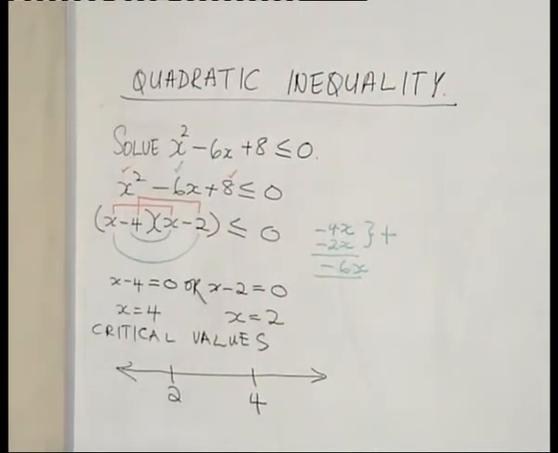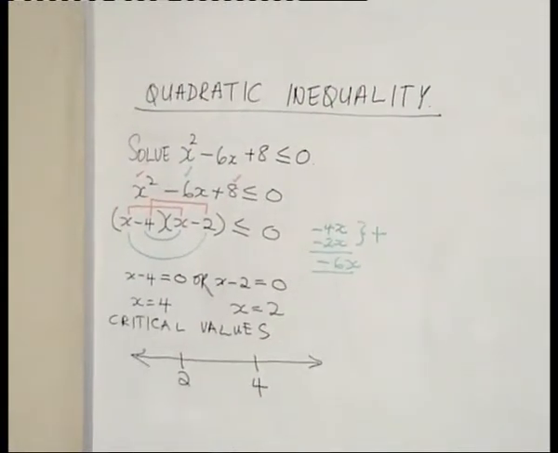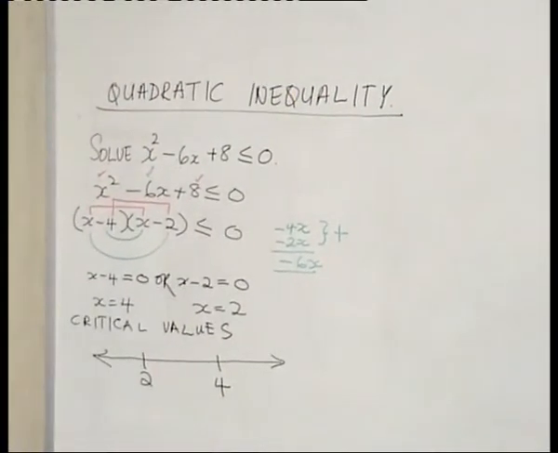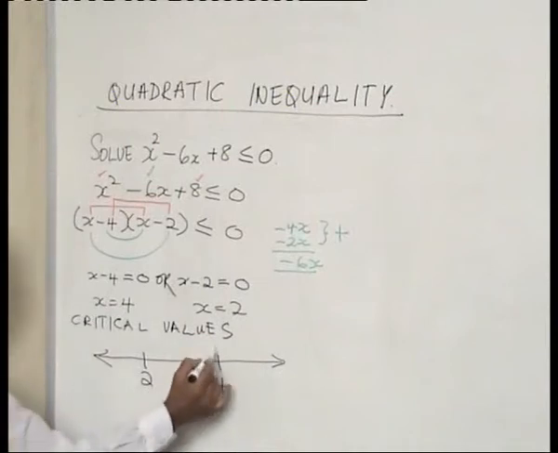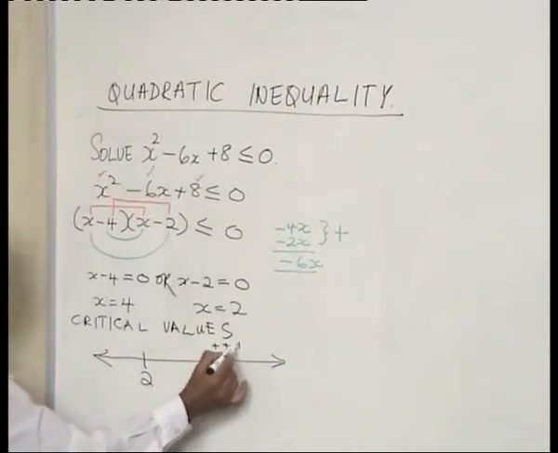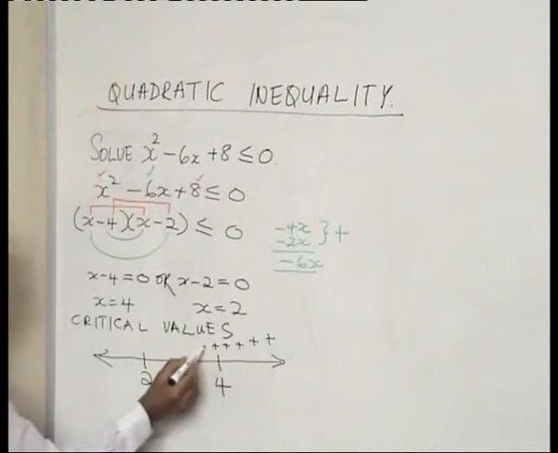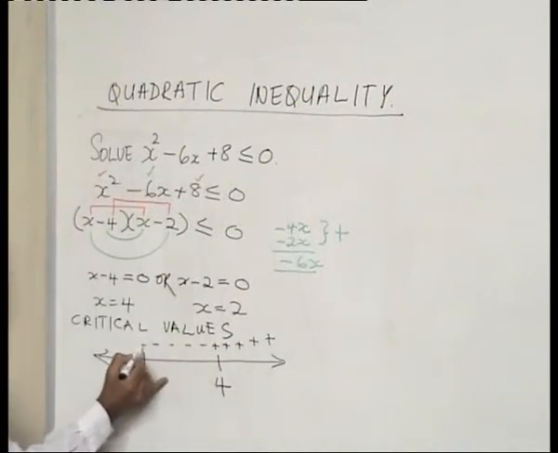The order must be correct. Now, to the right of 4, you can place plus signs, and to the left you can place negative signs.